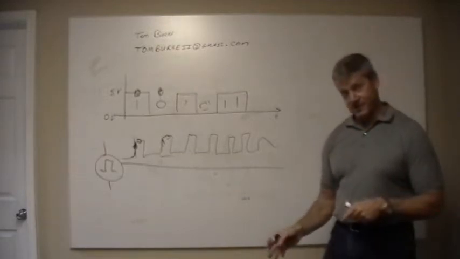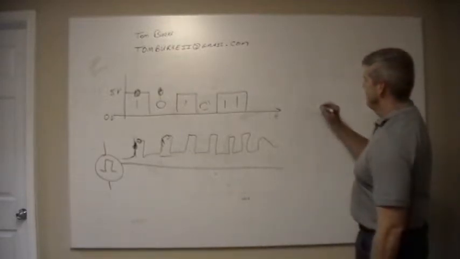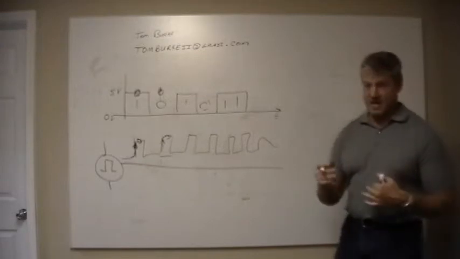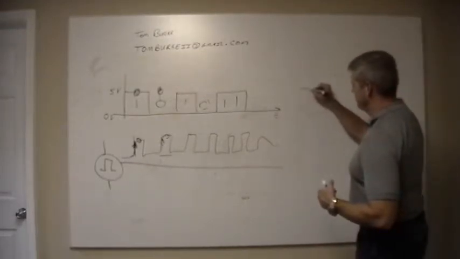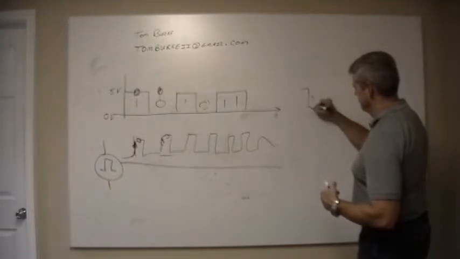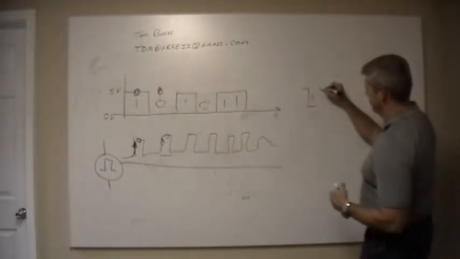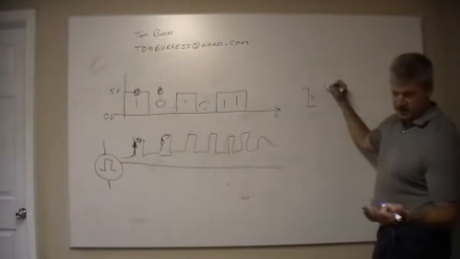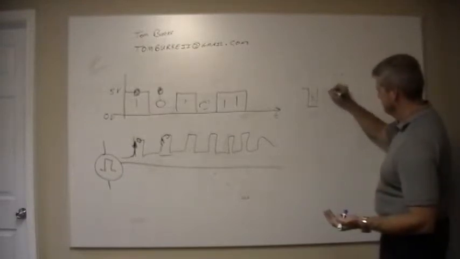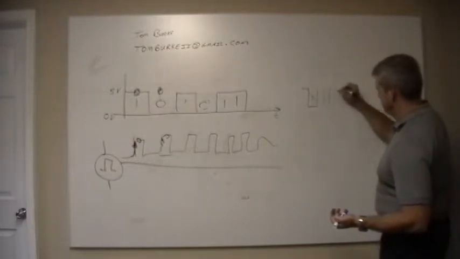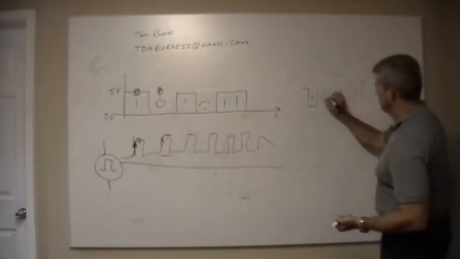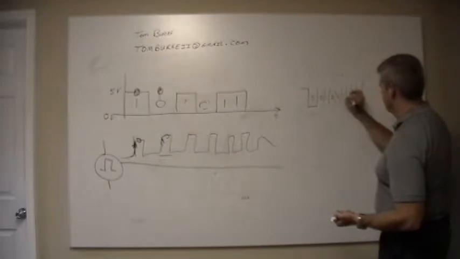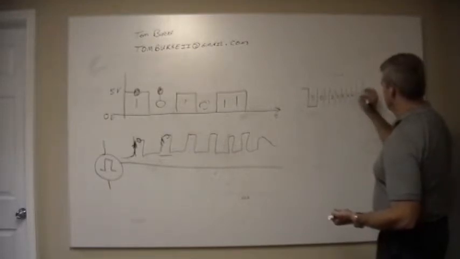If you're using the RS-232 serial protocol, as an example, it sets up timing. So it has always one start bit. And then you can choose 7, 8, or 9, usually, data bits: 0, 1, 2, 3, 4, 5, 6, 7.